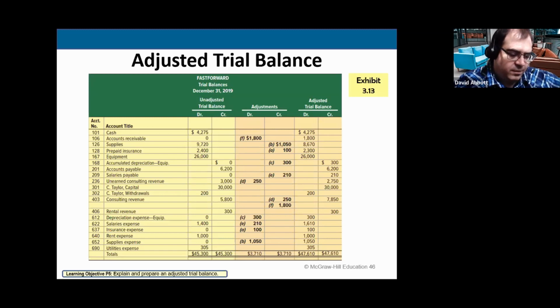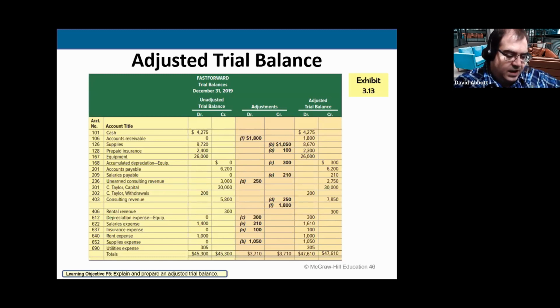Here we show both the unadjusted and the adjusted trial balances for Fast Forward at December 31 of 2019. The order of accounts in a trial balance is usually set up to match the order of the chart of accounts. Several new accounts arise from the adjusting entries.